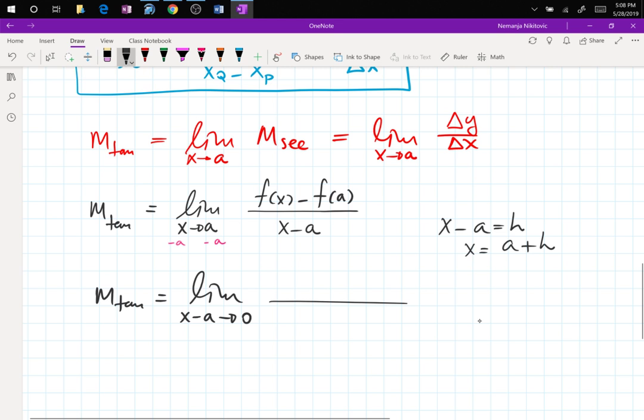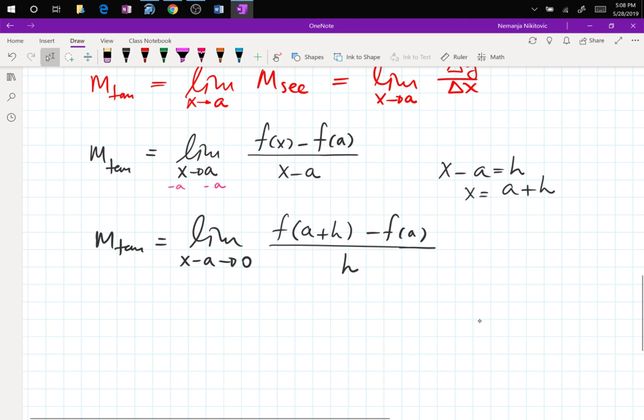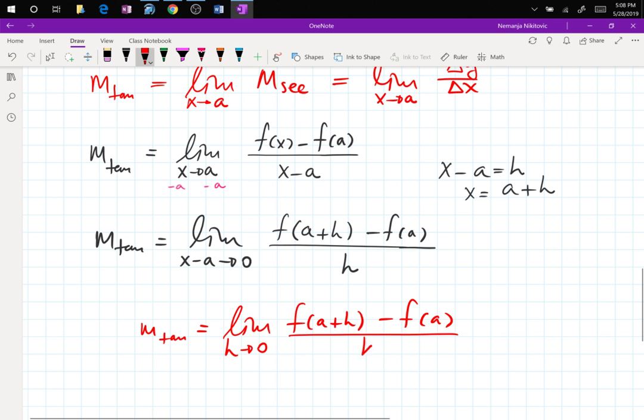So now I have f, and instead of x I'll put a plus h, minus f of a, divided by h. Which gives us the formula for m tangent as the limit as h goes to 0 of f of a plus h minus f of a divided by h.